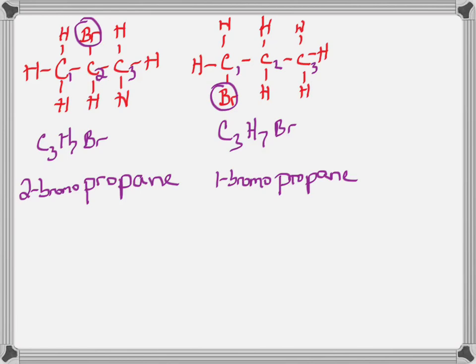For those of you who are reviewing for a final or for the MCAT or some test beyond this, there are other isomer types out there besides structural isomers. Those have the same molecular formula and the same connectivity of atoms, and they differ in other things like stereochemistry and optical chemistry differences.